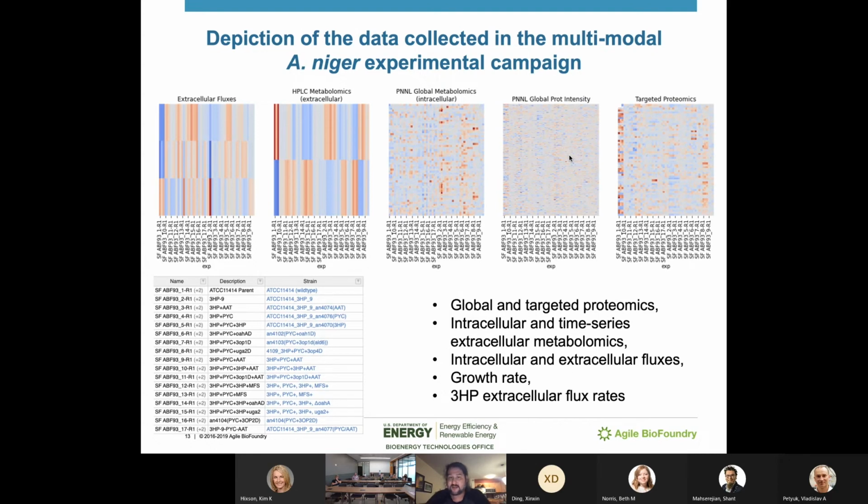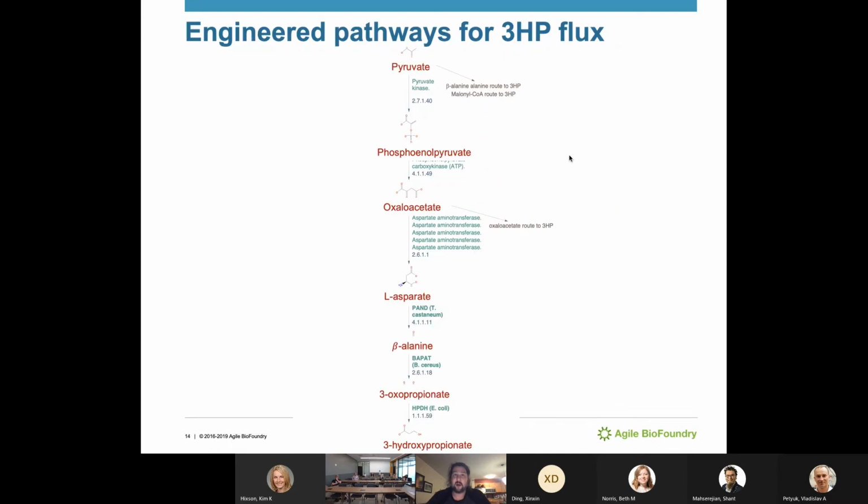And this was the engineered pathway for 3-HP, which basically starts from pyruvate and ends with 3-hydroxypropionate. There are a few other routes to getting it, but in this strain we were just considering this one pathway.